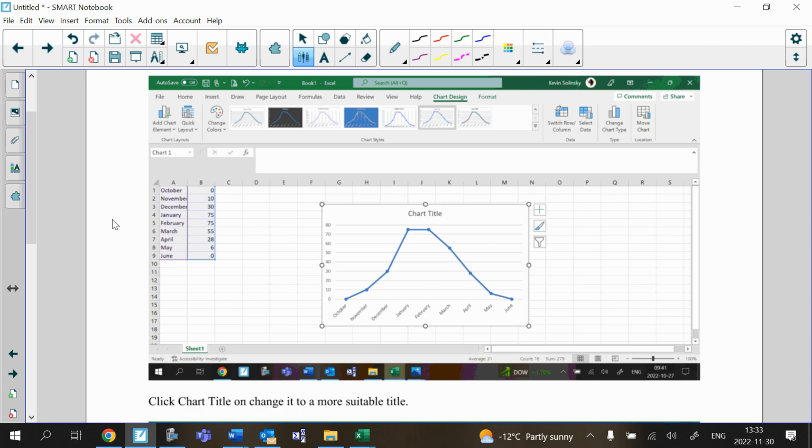If you go back to insert, go back to the line graphs and try that one. Just see what it does. Yeah, see, it's a little bit hard to read because it tries to show it 3D. Not the greatest.